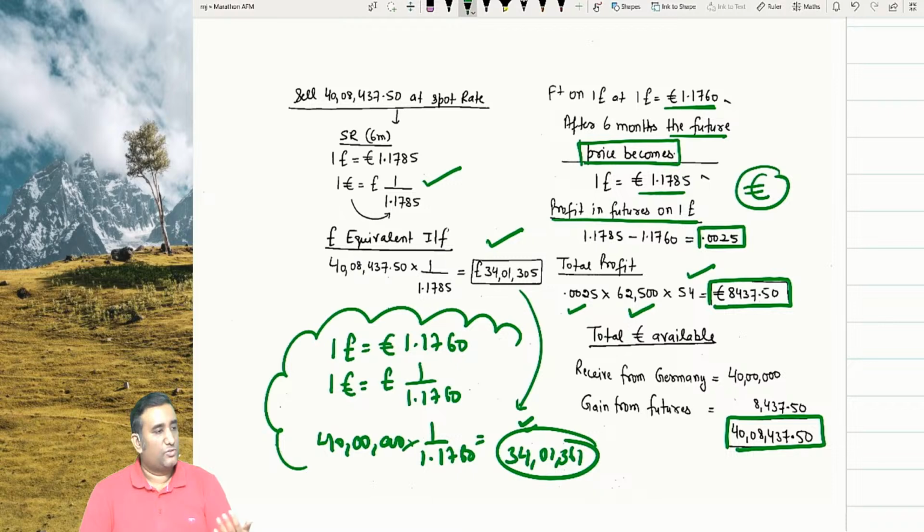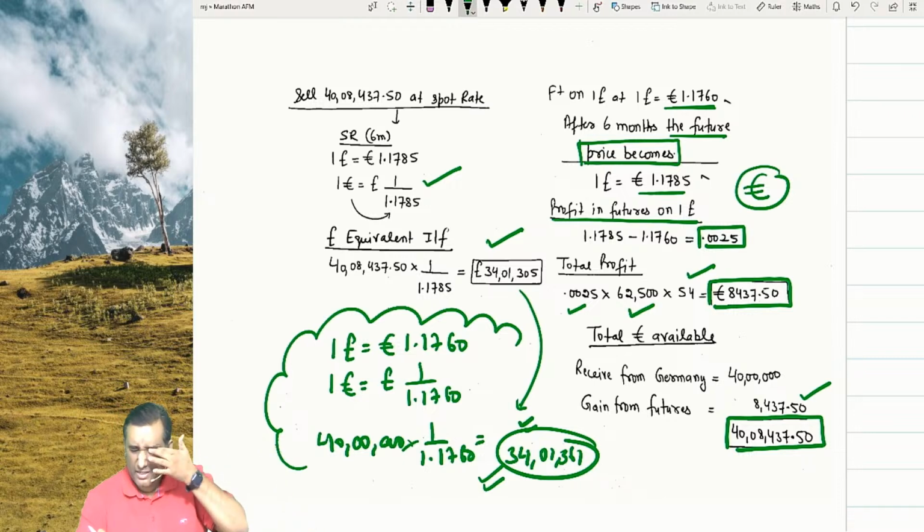Understand what has happened. There is no rocket science. Prima facie, whatever the future was promising, if I am getting less than that, the market will compensate much extra, such that when I add that extra and sell at the cash market rate, ultimately that is the promise made by him. The same was happening in the previous question, the example.